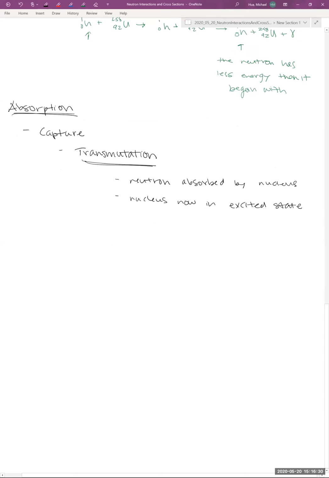And the nucleus is going to de-excite by emitting a particle. So this particle could be, for example, an alpha particle or a proton.